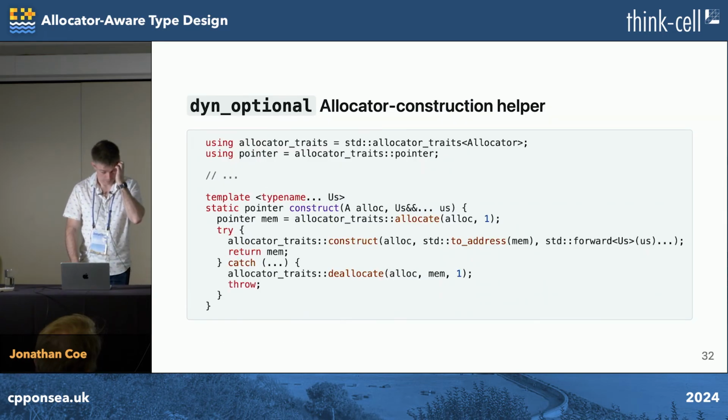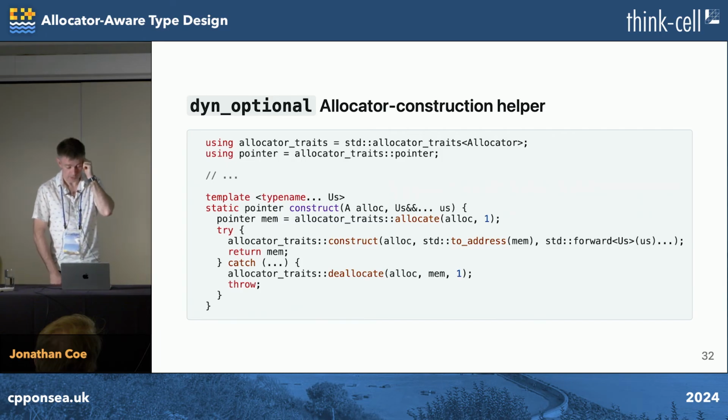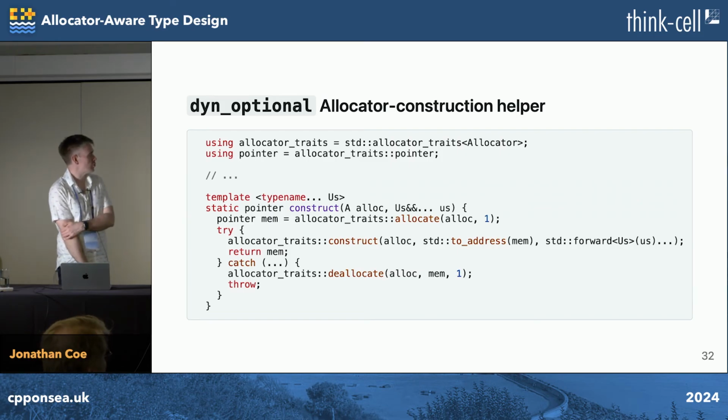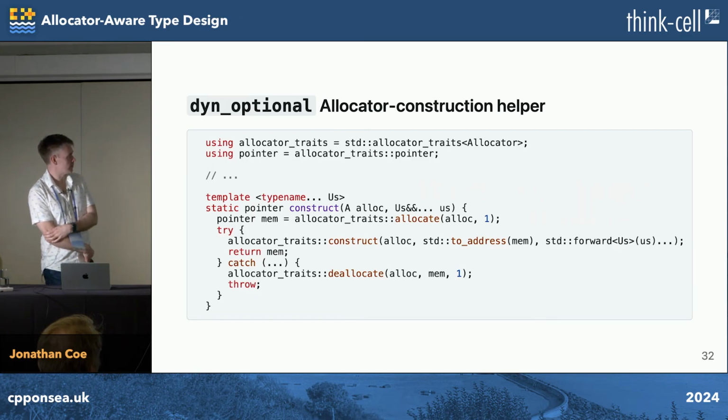So in implementing these things, it's quite useful to define a couple of helper functions. To reduce bloat of slideware, we have this construct function, which should be giving us some exception safety guarantees. So what we'll do is we'll use the allocator to give us a block of memory.